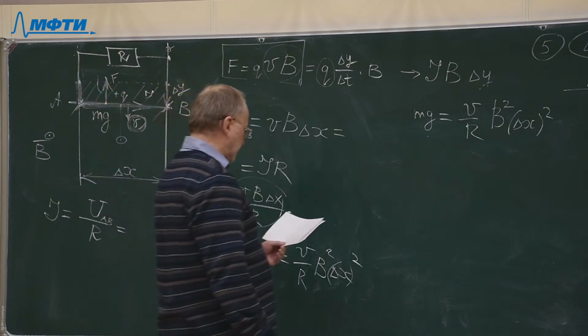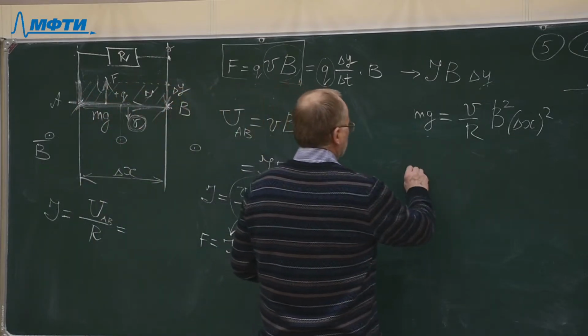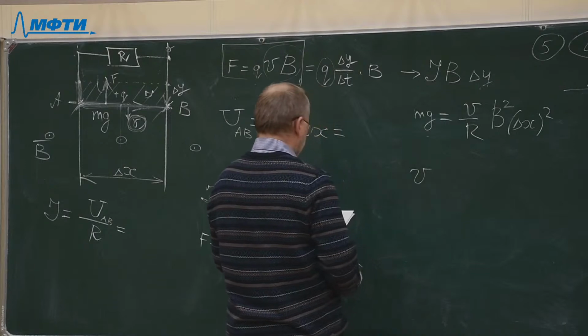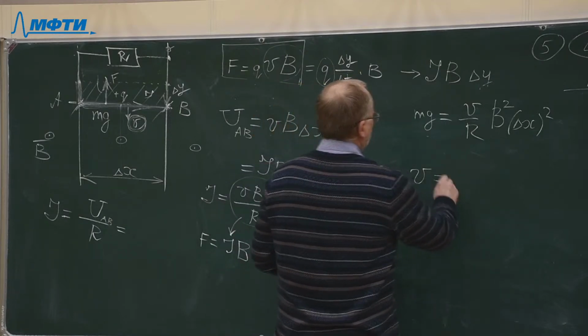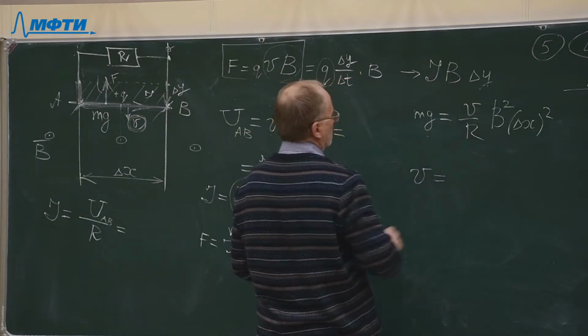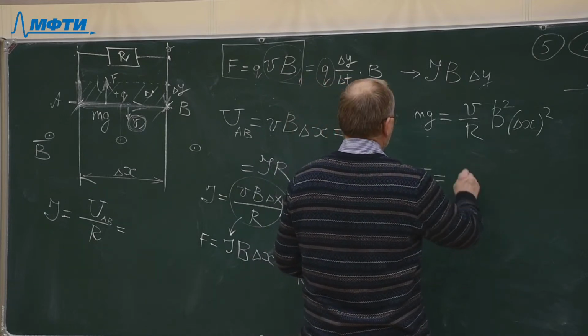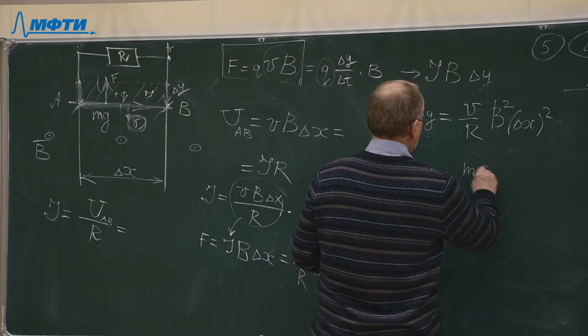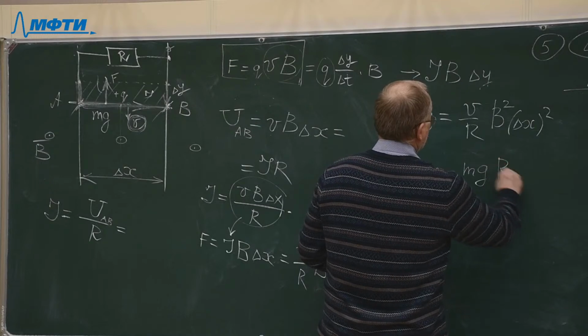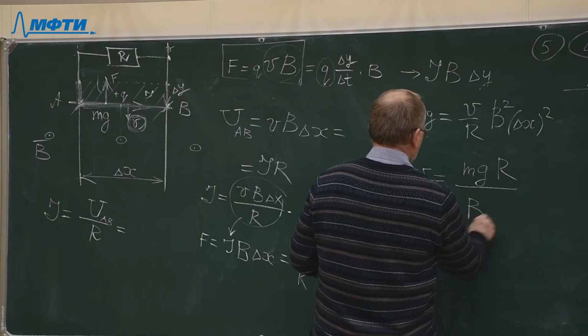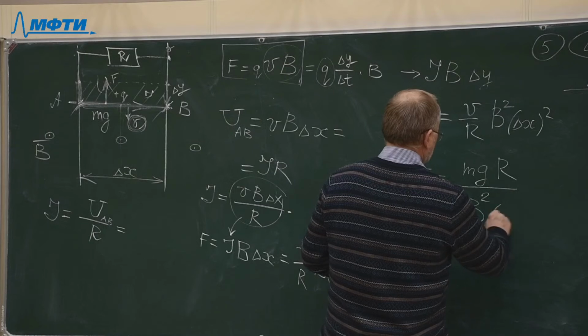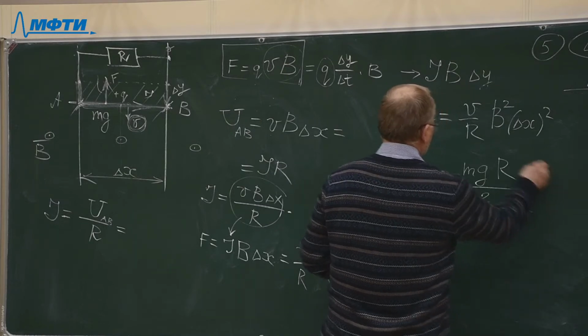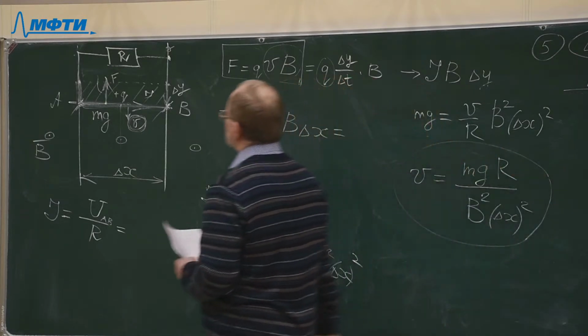And then we obtain that the velocity with which the rod will fall down will be equal to mgR divided by B squared delta x squared. That will be the answer to this problem.